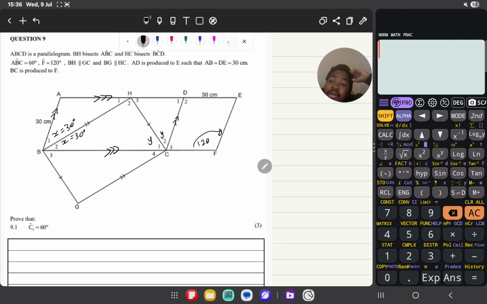Now they say the first question, prove that C1 is equal to 60 degrees. And this thing is 3 marks, so you won't have to sweat a lot here. We are proving that C1 is 60 degrees, ne? So let's look at our diagram carefully.